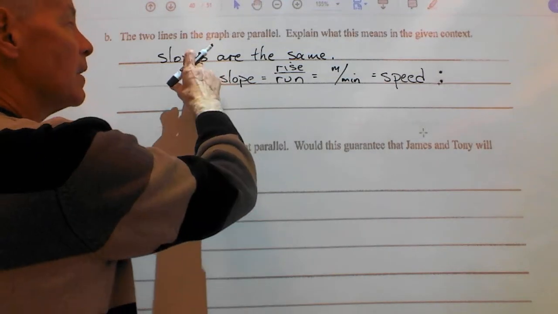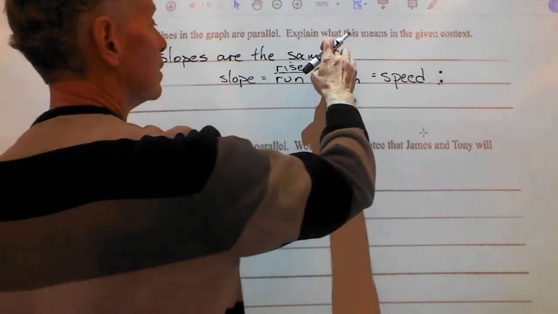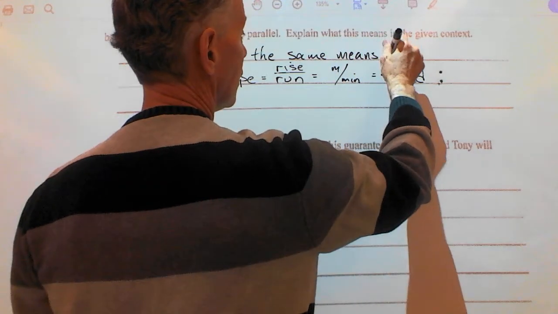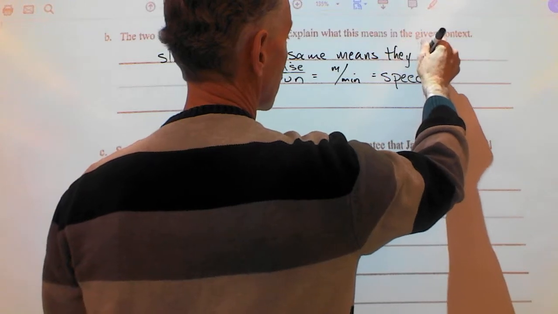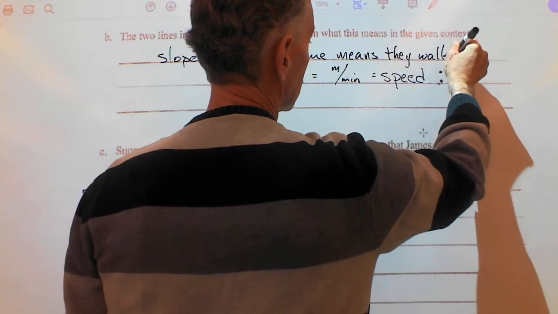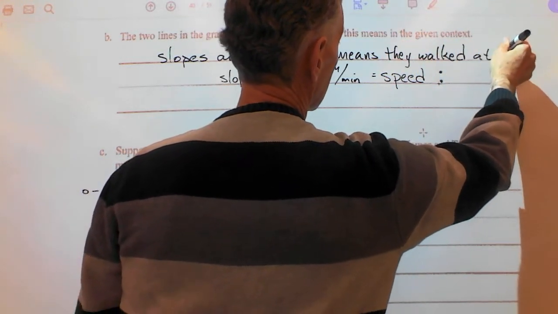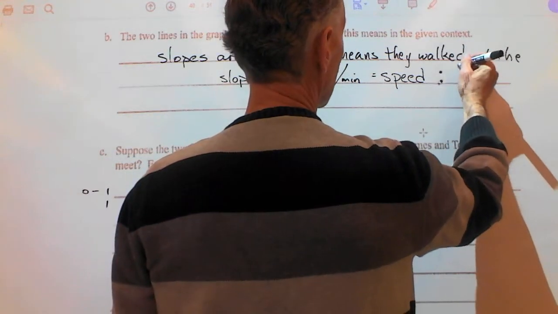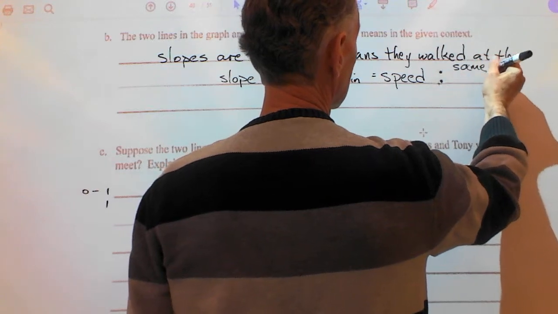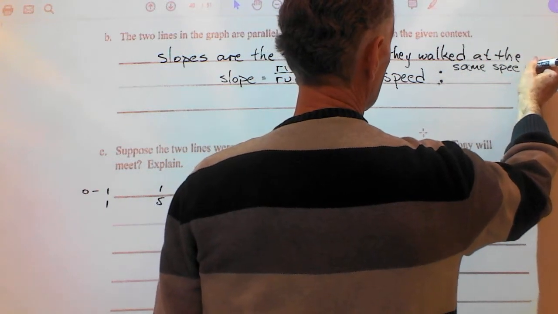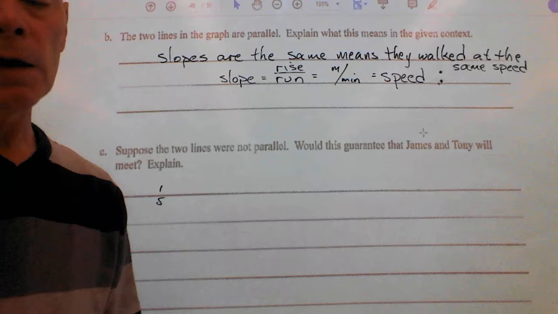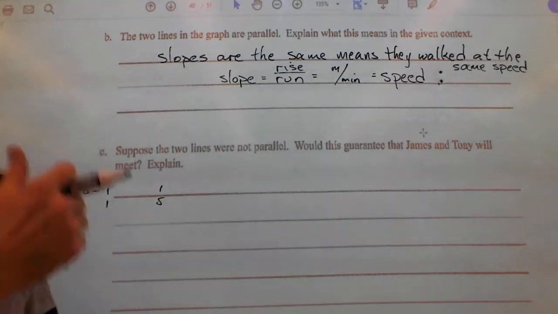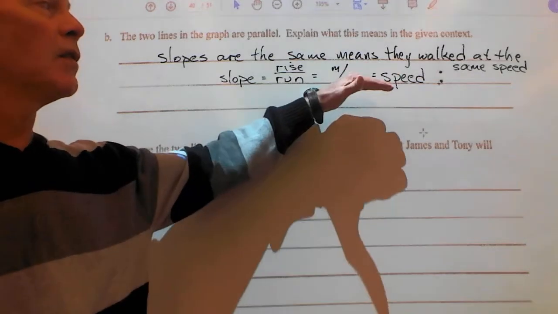So the fact that the slopes are the same means they walked, running out of space, at the same speed. Okay? So whatever speed Tony walked at, James walked at the same speed because their slopes are the same.